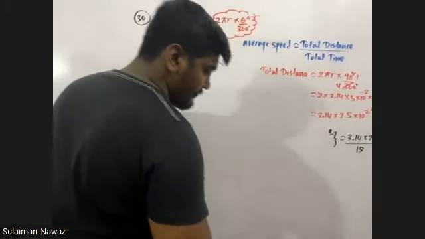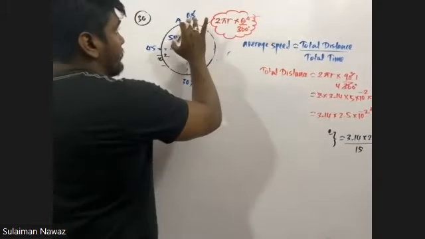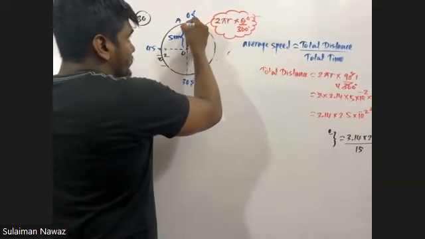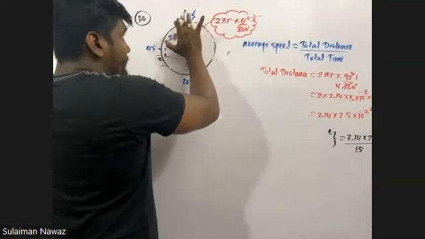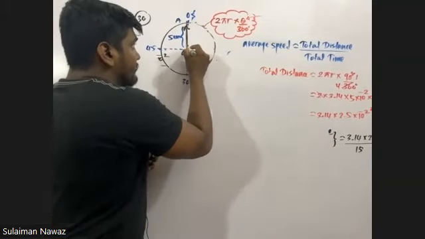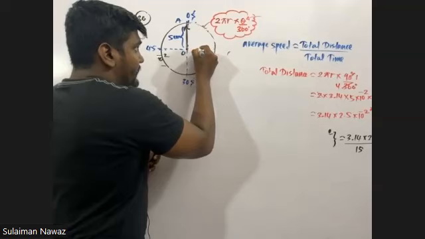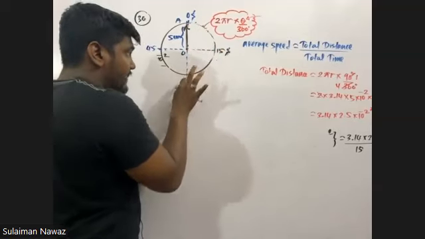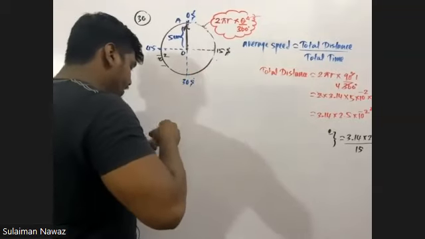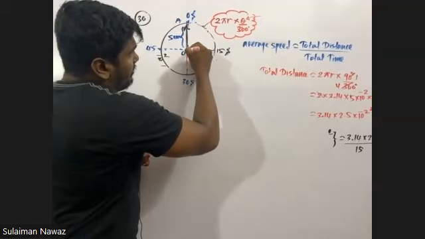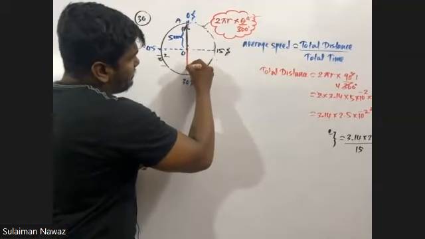Look at it. When t equals 0 seconds, our tip is exactly at point capital A. After 30 seconds, the tip will be somewhere here.